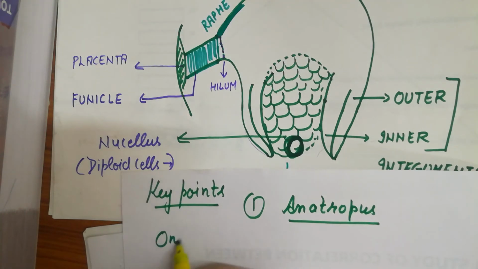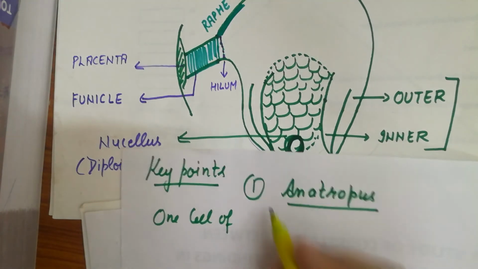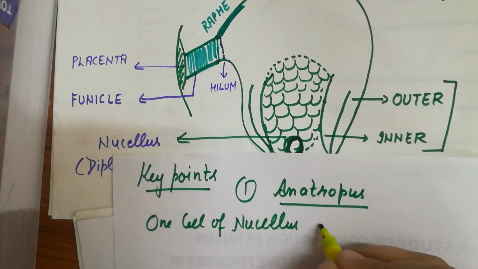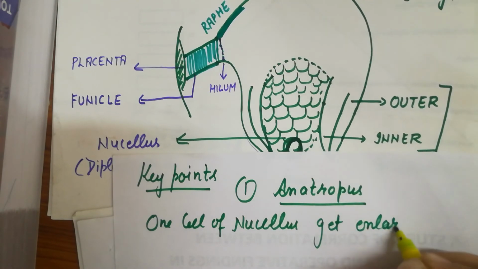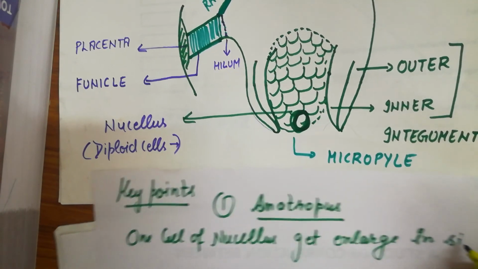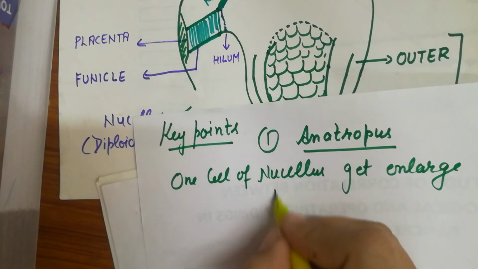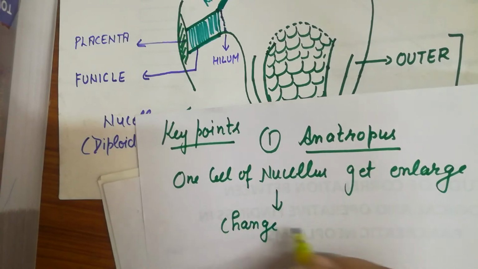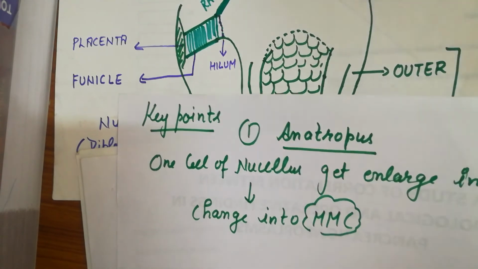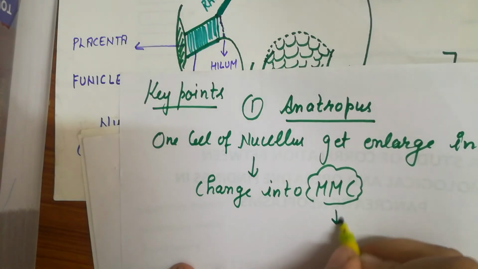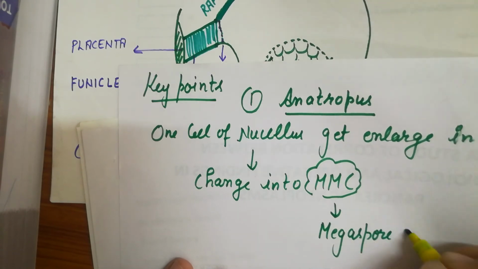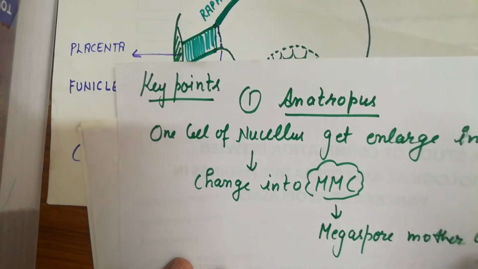Out of so many cells, one cell of the nucellus gets the nutrition and enlarges in size, and where it is present towards the micropylar end, it changes into the MMC. You already know this term, because we discussed it in the microsporangium. Here it is known as the megaspore mother cell, which is diploid.